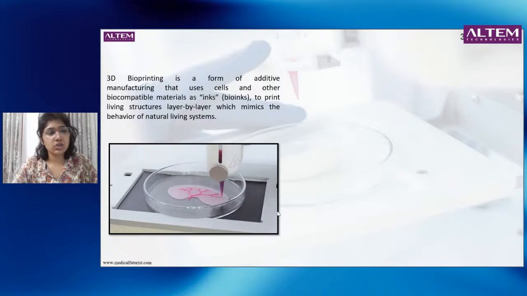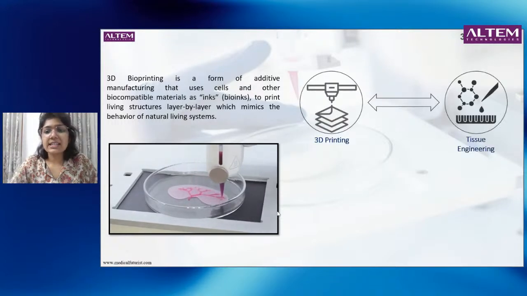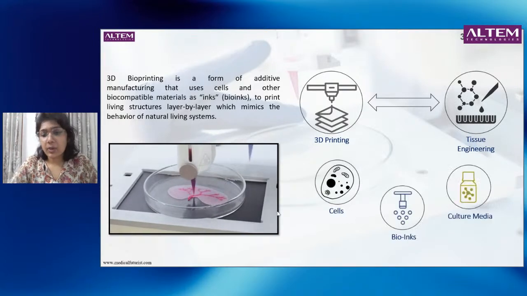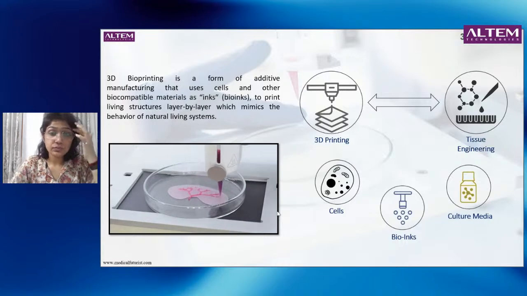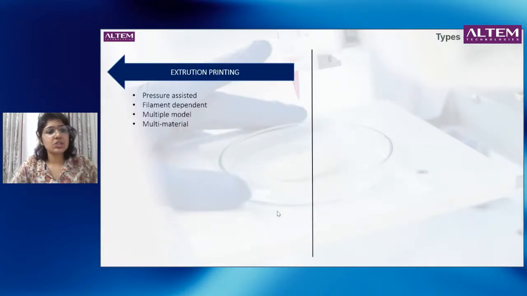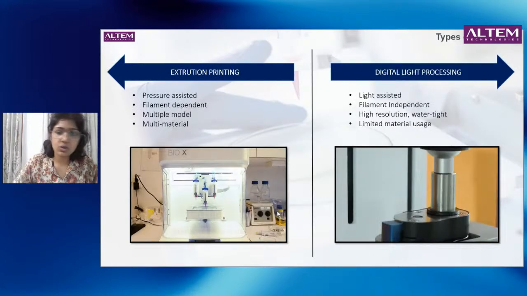And the idea is to mimic the behavior of natural living systems. So it's an integration of 3D printing and tissue engineering. So you have cells, bioinks, culture media. I've also mentioned extrusion printing as well as digital light processing. So this is a quick glimpse of the processes.